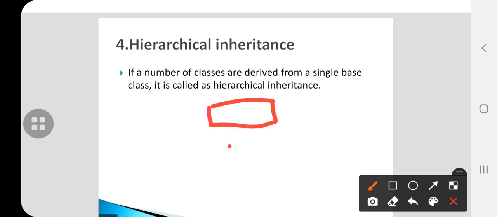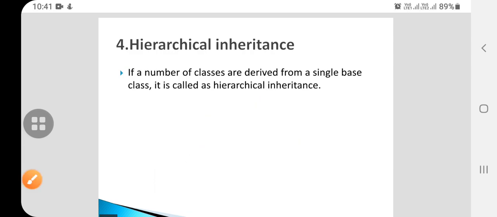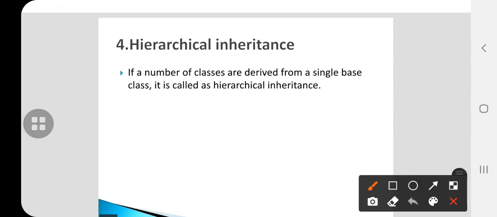Here you have one base class and 3 derived classes: this is derived 1, this is derived 2, this is derived 3. So you have one base class and one or more subclasses, then it is called hierarchical inheritance.